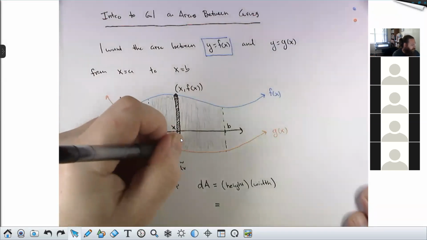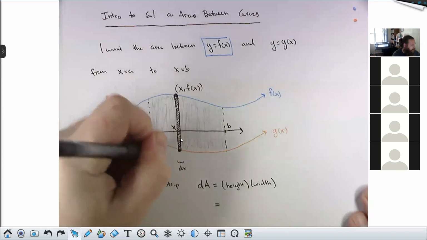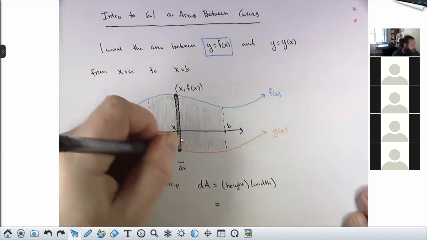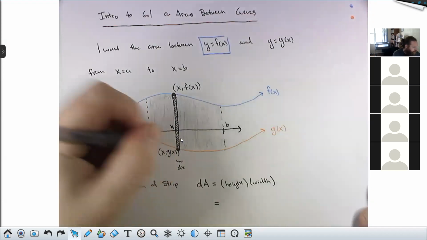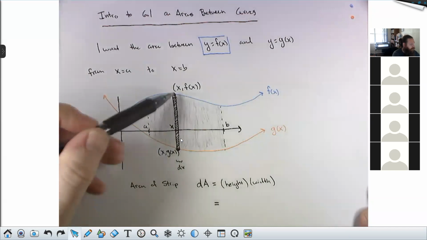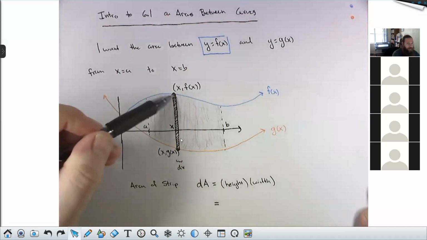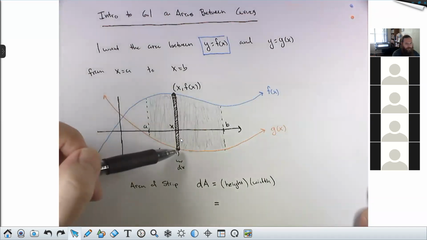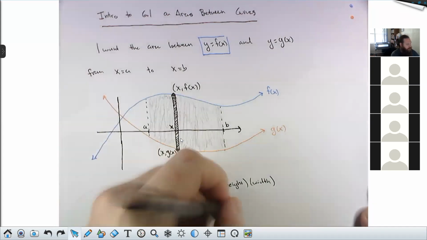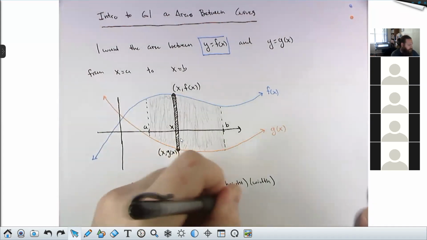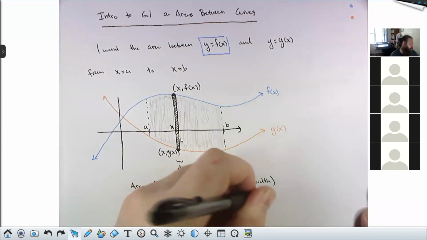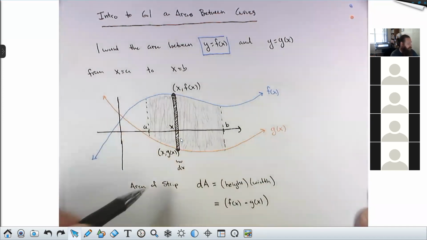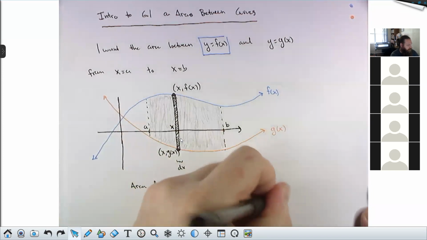And down here, this point would be x comma g of x. So the height of this strip is the y value here minus the y value here. So the height is f of x minus g of x. And the width is just dx.